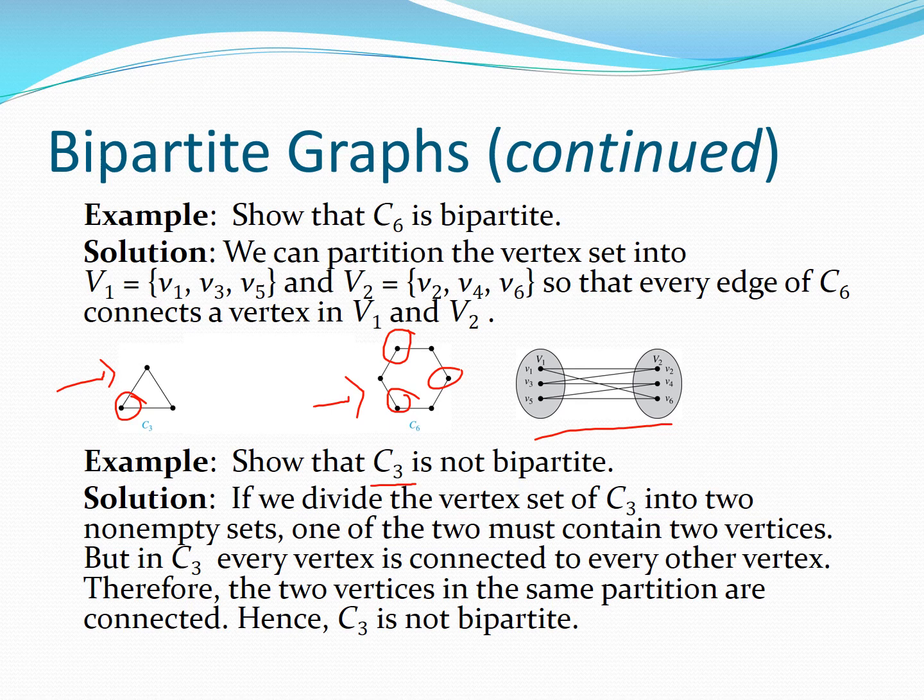So there will not be a way to divide the cycle C3 into two sets of vertices such that an edge exists only between a vertex from V1 and a vertex from V2. All right, so C3 is not a bipartite graph.